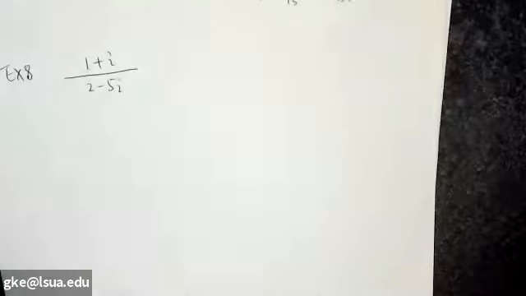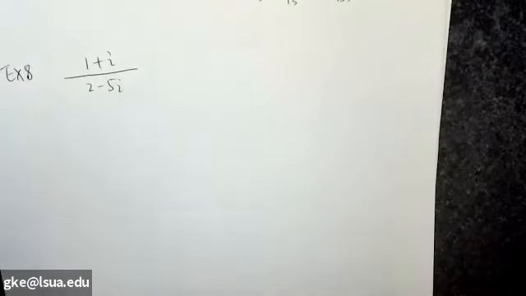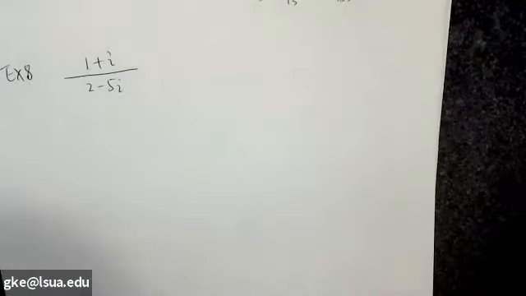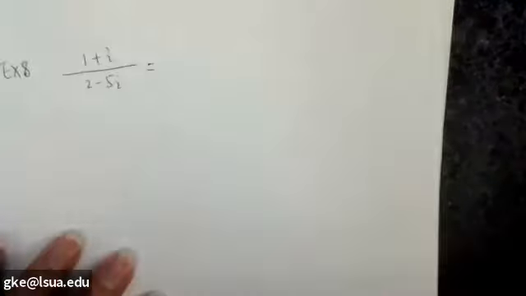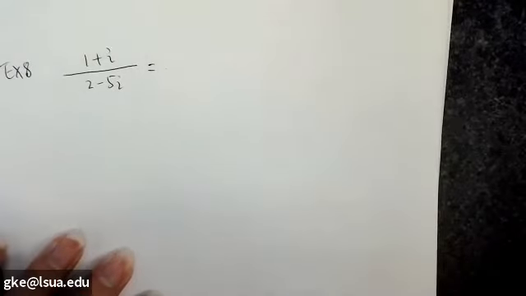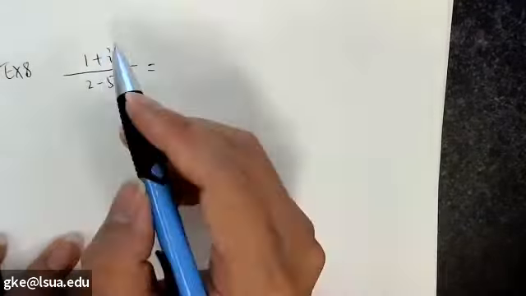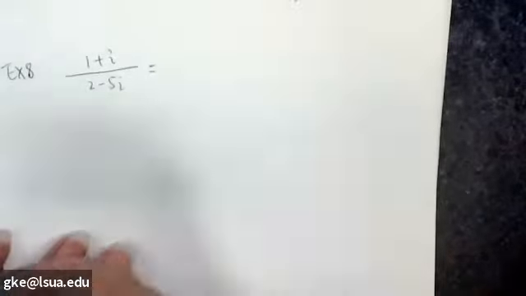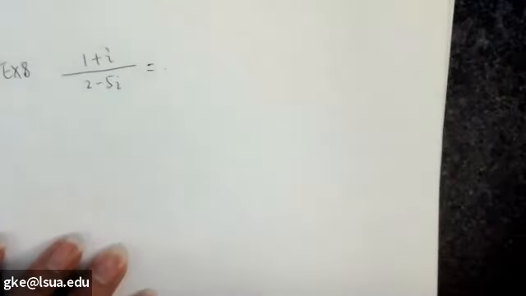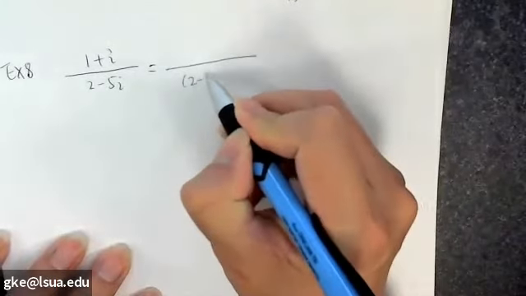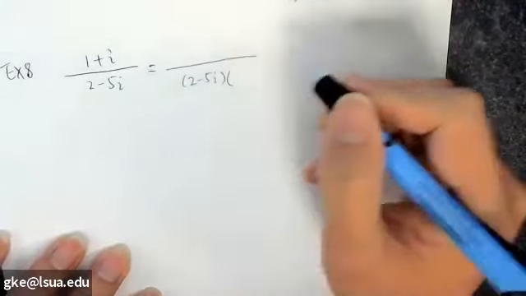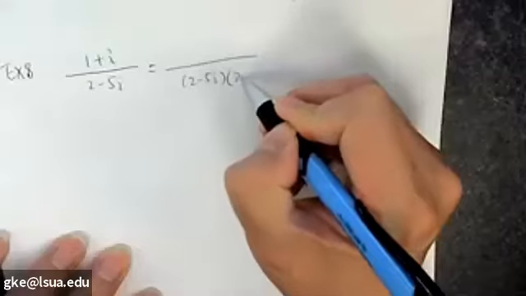Let me do it on board firstly. So now the numerator and denominator both have the complex number. The same thing. Don't be scared. Because we have a complex number on the denominator, the same thing: let the denominator times the conjugate.